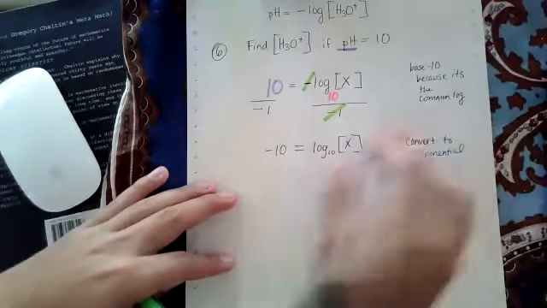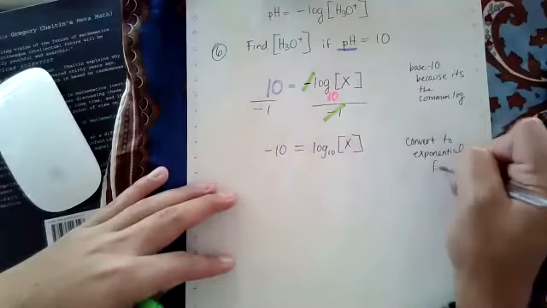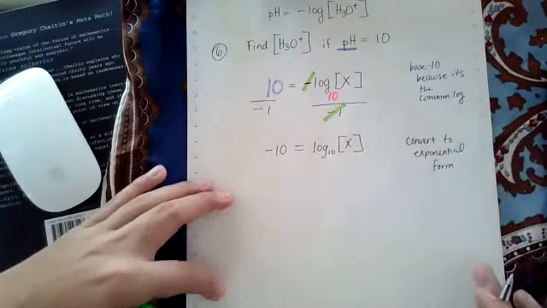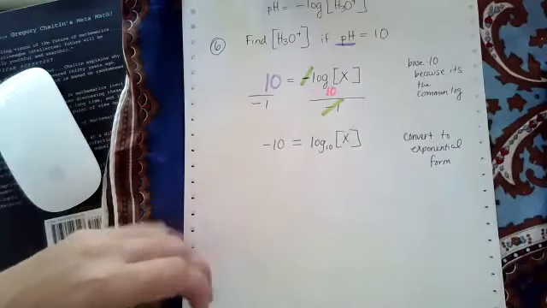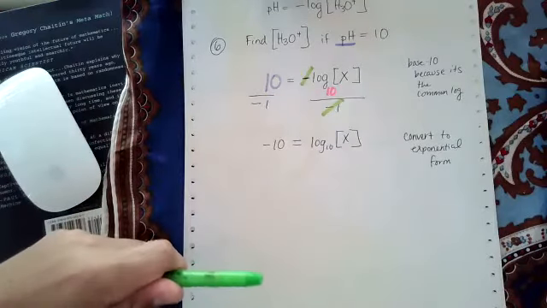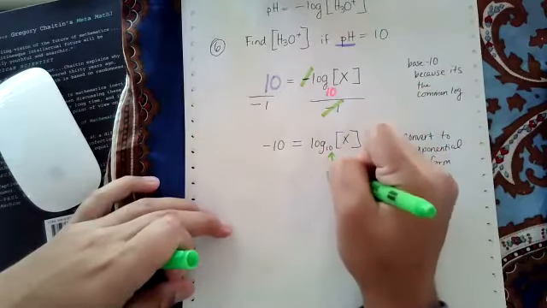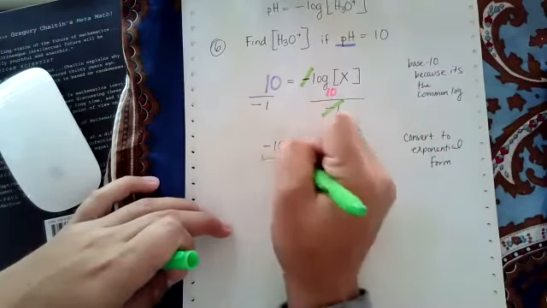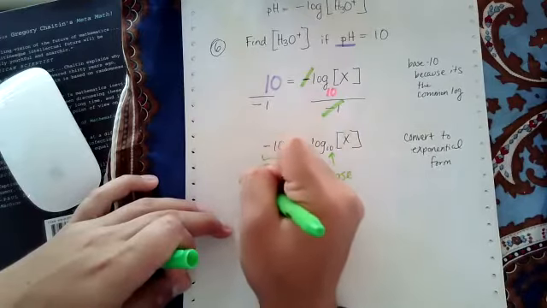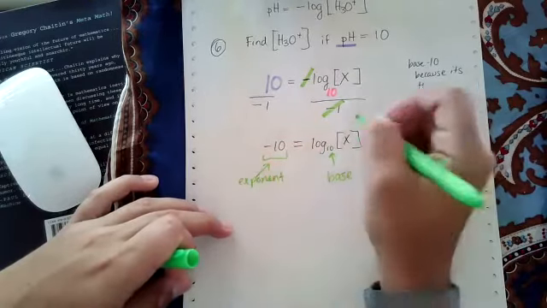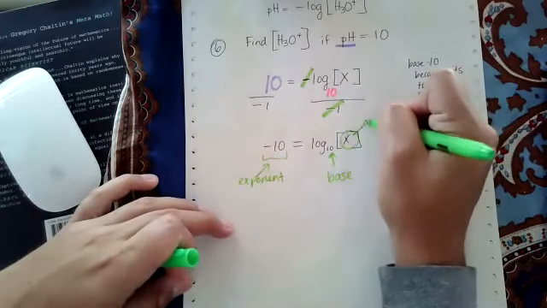Can anybody tell me how you would write this expression in exponential form? Let me go ahead and label these things, right? This is the base, which means this guy is the exponent, and this guy is the argument.